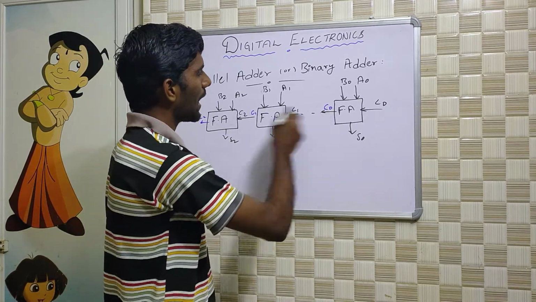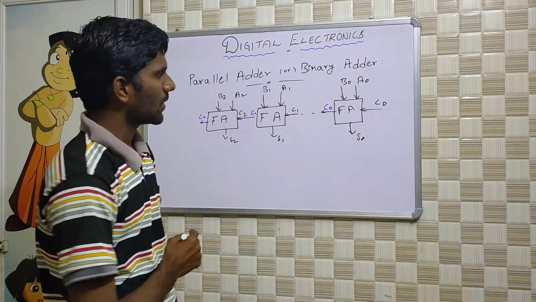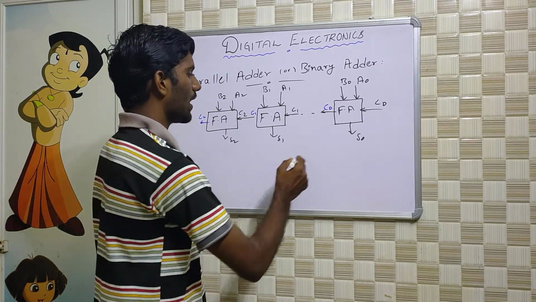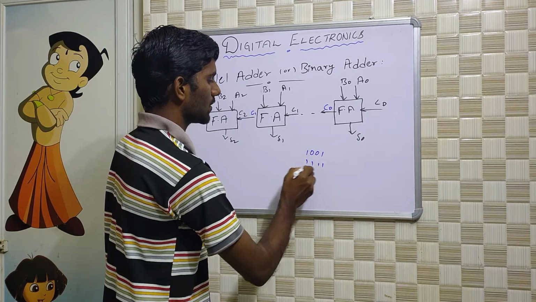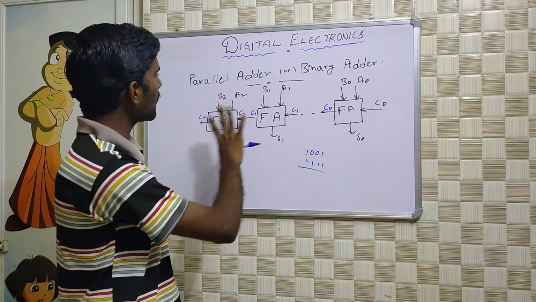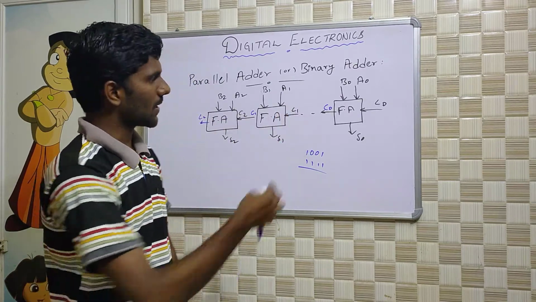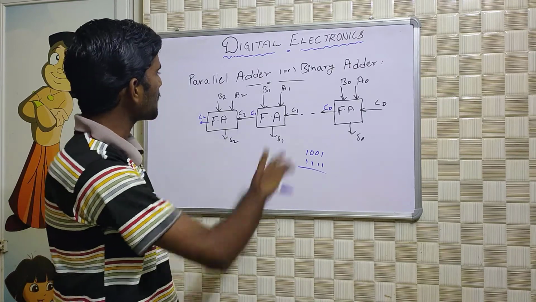If it will add numbers of n bits, for suppose you want to add two 4-bit numbers, we require four full adders connected in a chain, in a sequence. So this is a parallel adder.